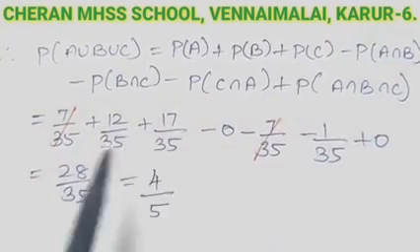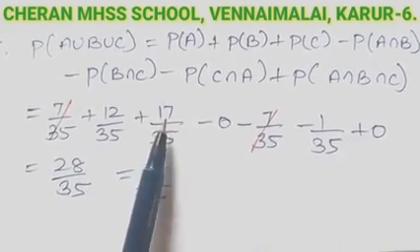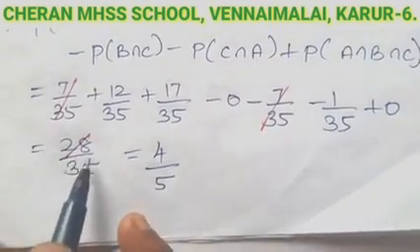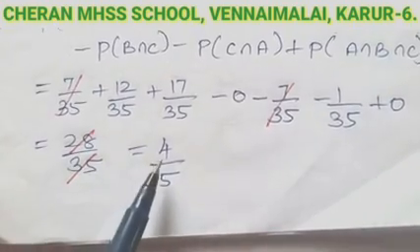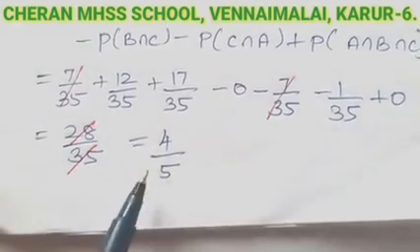Here adding, both denominators are same, so 12 plus 17 is 29, minus 1 is 28 by 35. When you strike out using the table 7, we get 7 4s are 28, 7 5s are 35, that is 4 by 5.